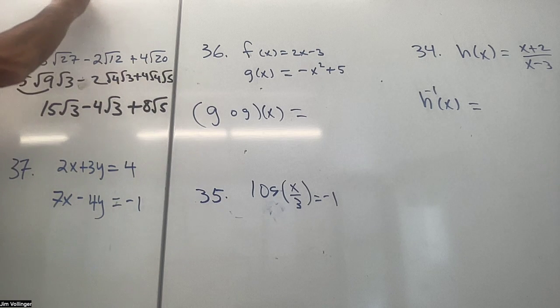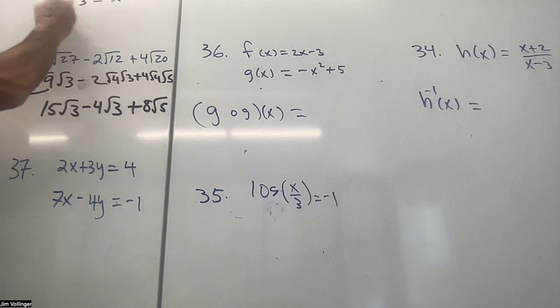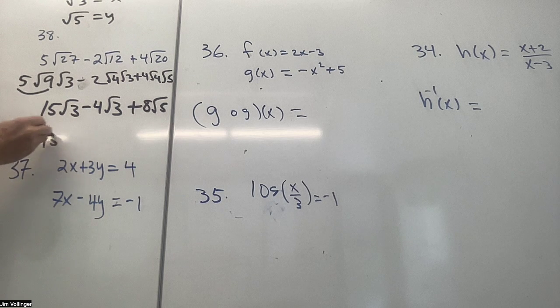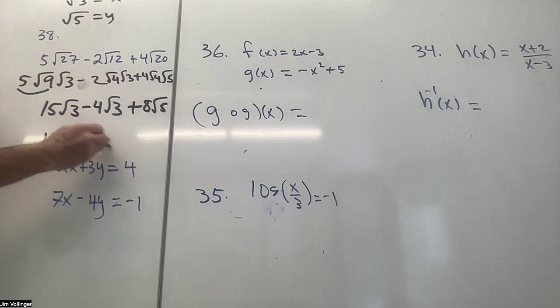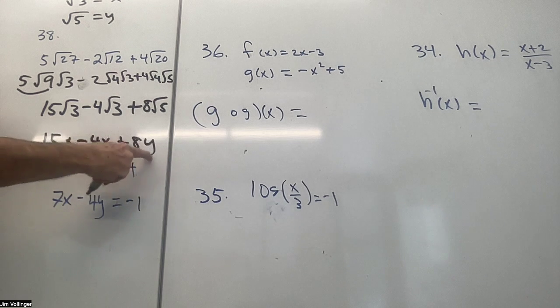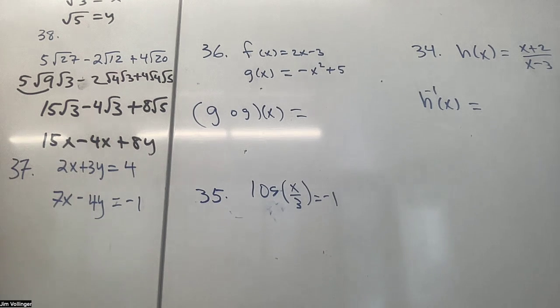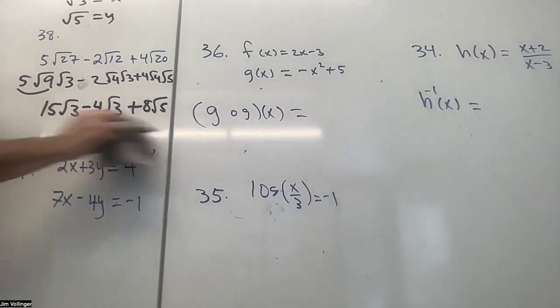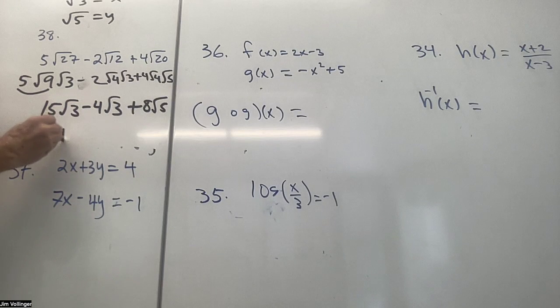If you let root 3 equal x, and you let root 5 equal y, then you're looking at 15x minus 4x plus 8y. I don't think you'd put this with the x's. So what's your answer? 15 minus 4, 11 root 3, because they're like terms, and that's what governs likeness.